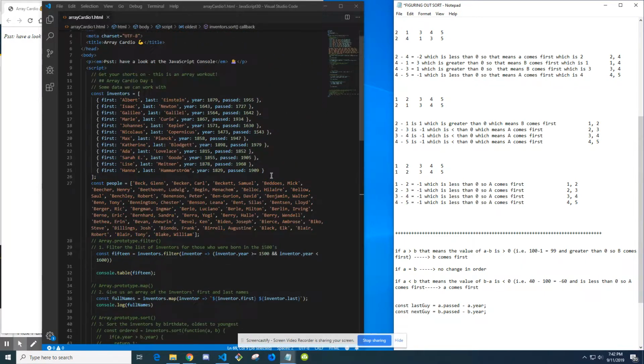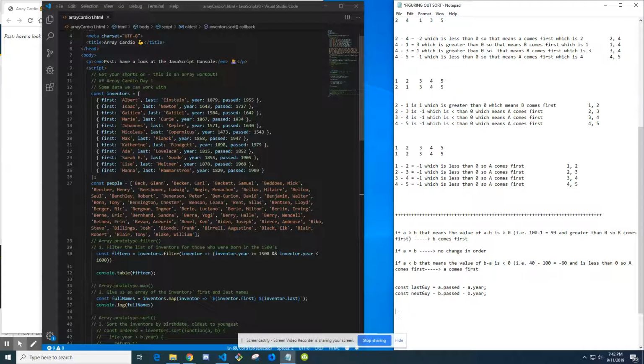So let's start with two guys. We got Einstein and Newton. So in this example, we're going to compare Einstein and Newton. Let's do a few of them. Newton. Who's next? Galilei. And Curie.